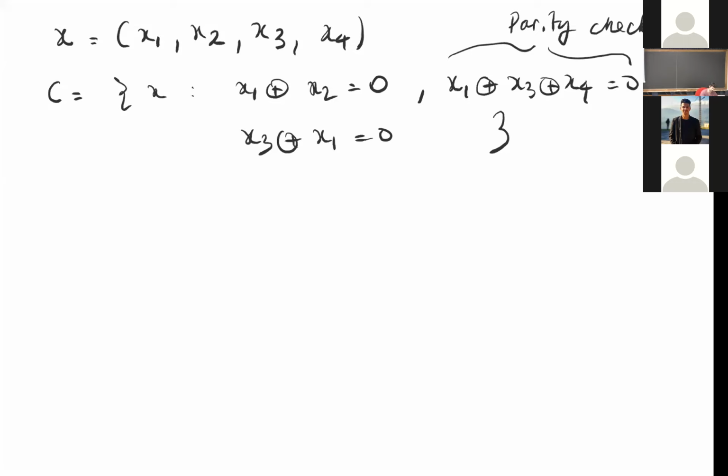No, so this constraint, the fact that the sum modulo 2, or the XOR operation between these bits, is equal to 0 is the same as saying I want the sum of these bits to be even. If you want, this parity check can be equivalently written as an indicator function: if x1 plus x3 plus x4 is even. That's the same thing. Okay? Maybe this is a nicer representation.